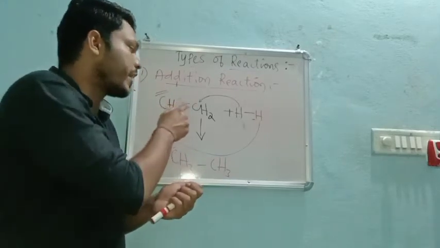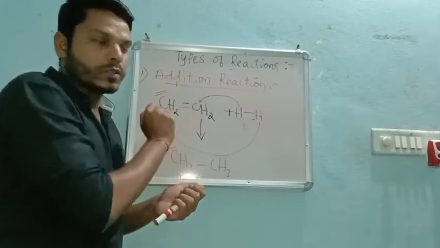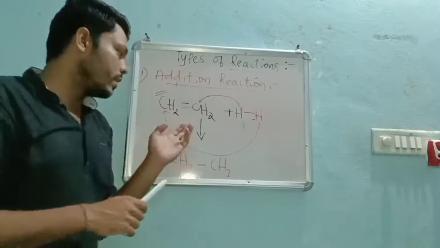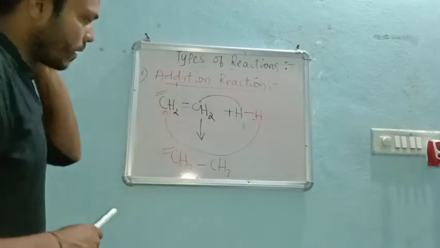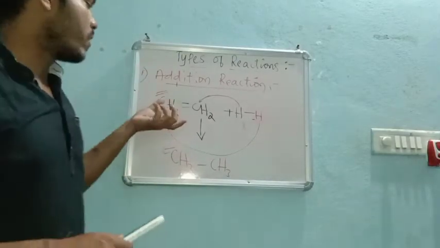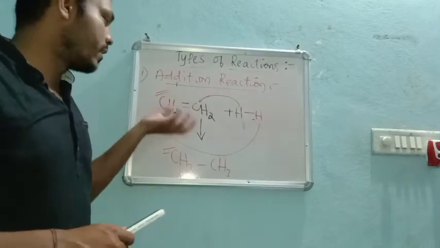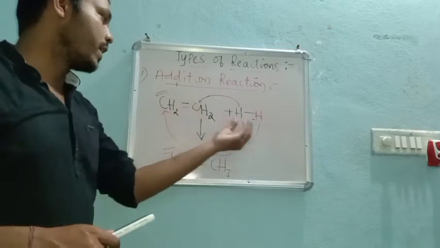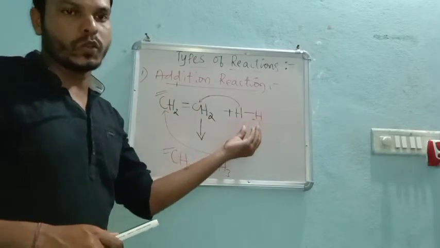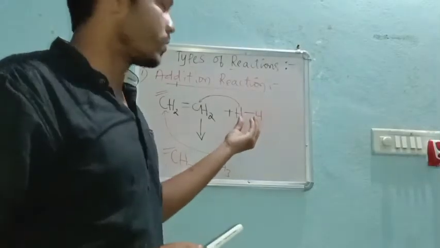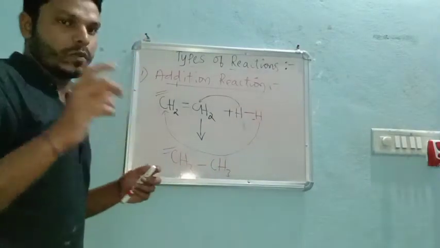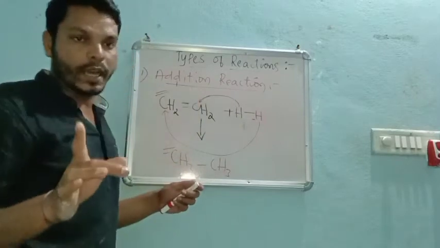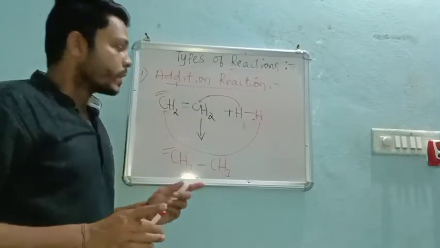Because there is a scarcity of electrons. So in this example, we took an alkene in the form of ethene, and reacted it with H2, the hydrogen molecule. Both hydrogens will not attack one carbon atom. This is very important.